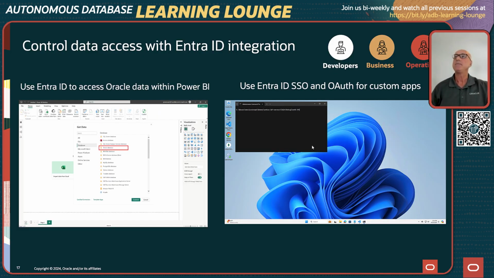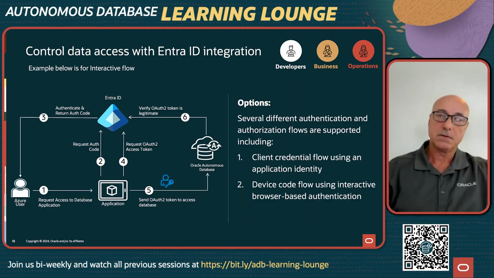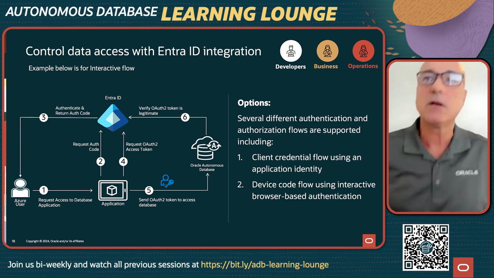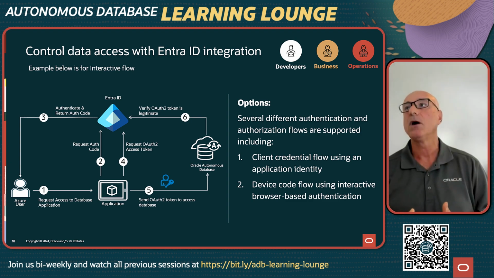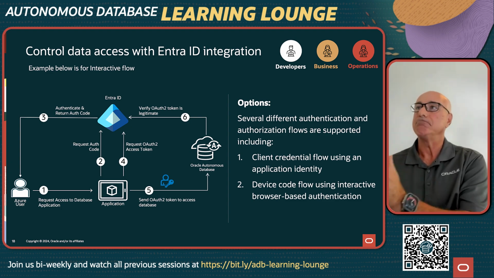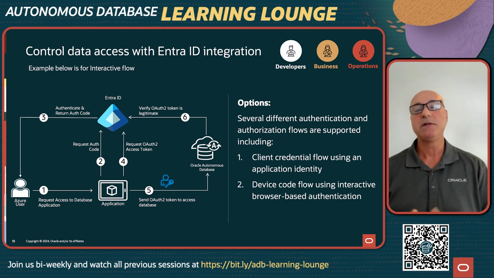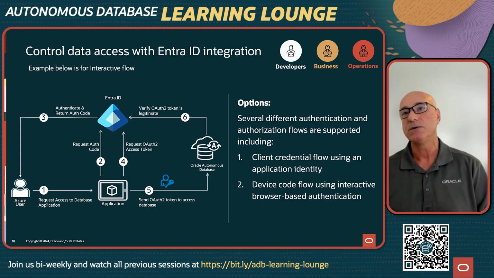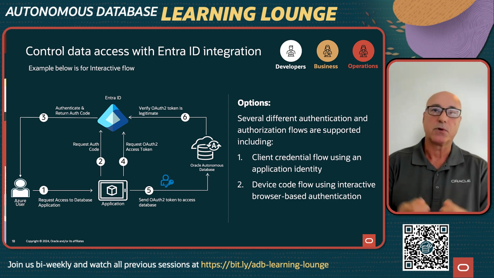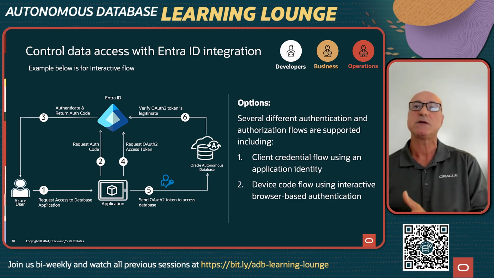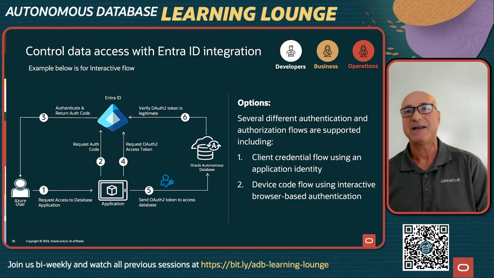So with that, let's jump back to what does that look like? Just to give you a little bit more flavor for the flow that took place with the developer. In this case, OAuth 2 is used, tokens, the user accesses the application which then needs access to data.